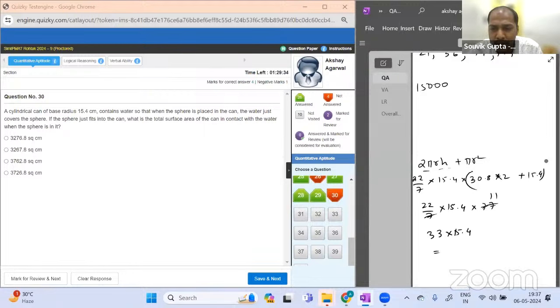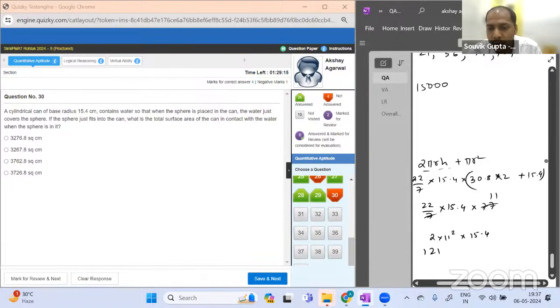2 pi r h plus pi r square, 22 by 7, sorry, 22 into 11, so that will be 2 into 11 square into 15.4. That will be 121 into 30.8.